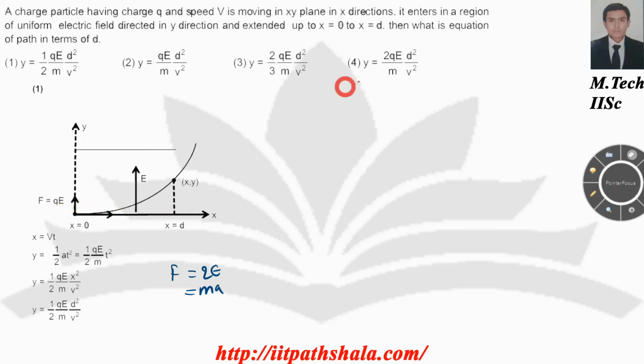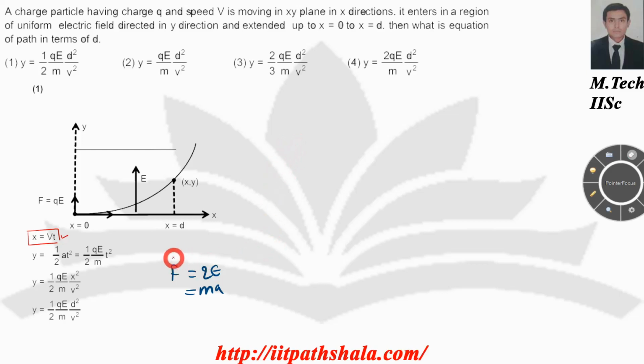From the question itself, I know that if my particle is moving in the x direction, then the velocity in the x direction and the distance it travels in the x direction will be related by this formula. Now as my field is directed in the y direction, acceleration will be acting in the y direction only.